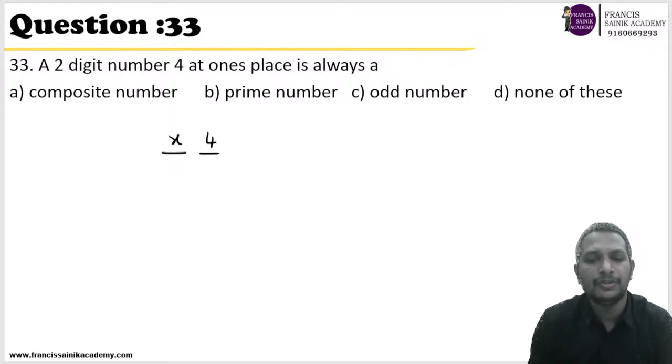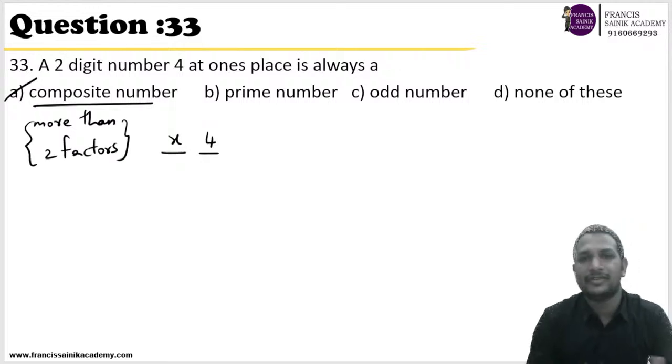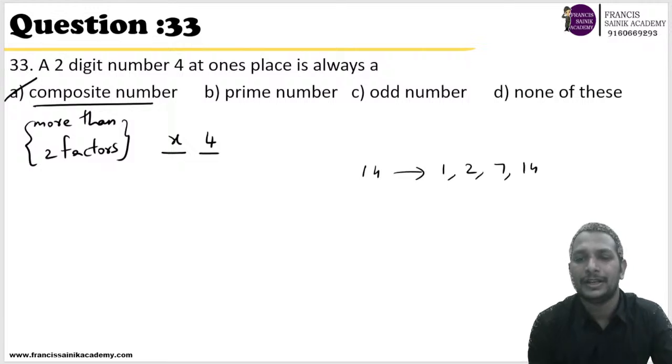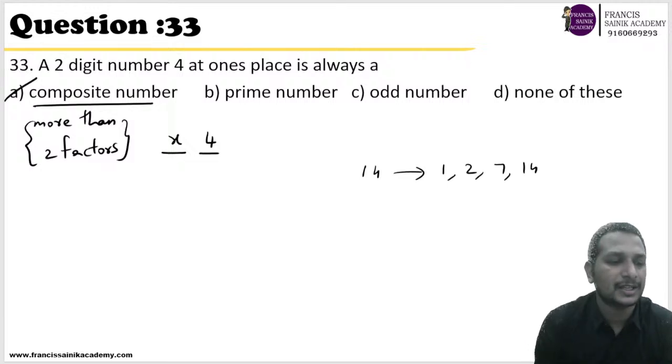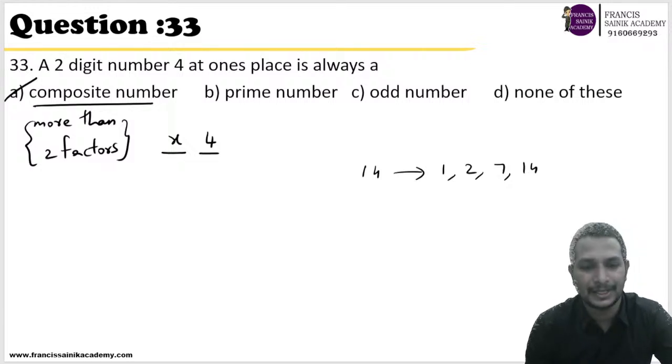For example, a number like 15. A number which has more than 2 factors is a composite number. So the answer to this question is composite.